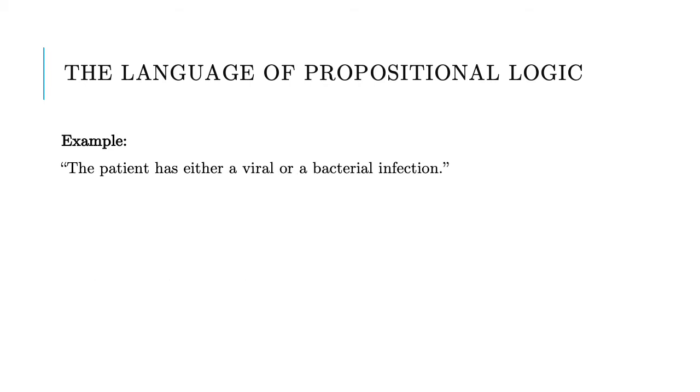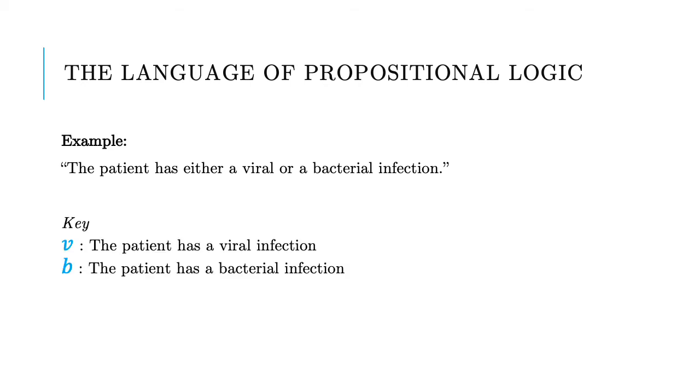Consider the patient has either a viral or a bacterial infection. For our key, we'll use V to denote the patient has a viral infection, and B to denote the patient has a bacterial infection. Our translation then will be B or V. The patient has a viral infection or the patient has a bacterial infection.